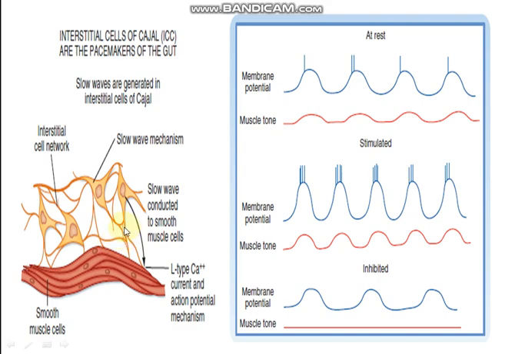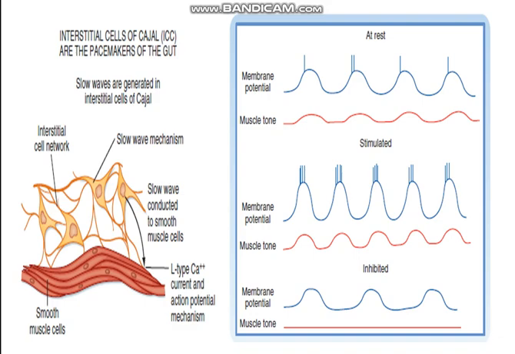As you can see on this diagram, the interstitial cells have long processes, and with these long processes they can actually make gap junctions with the longitudinal and circular smooth muscle. Okay, these cells are referred to as what?